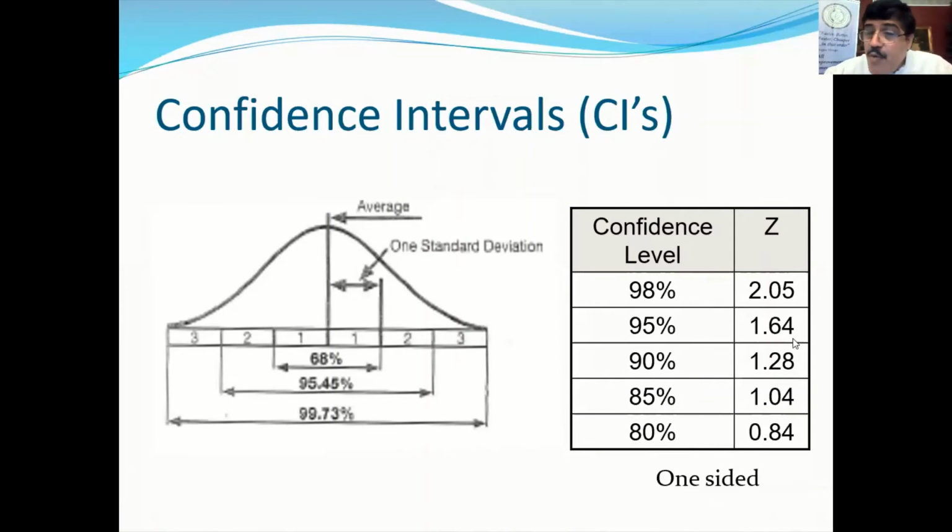This is just how many standard deviations below and above the mean to be 95% confident. That's what it means. Think about it, read it again, and that's basically what a confidence interval is.